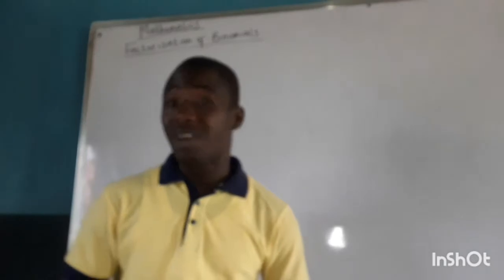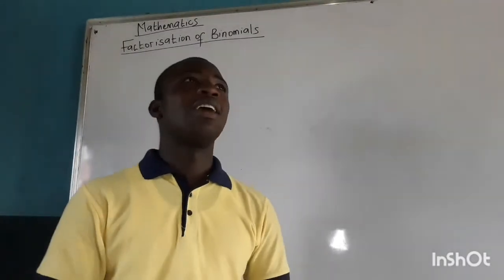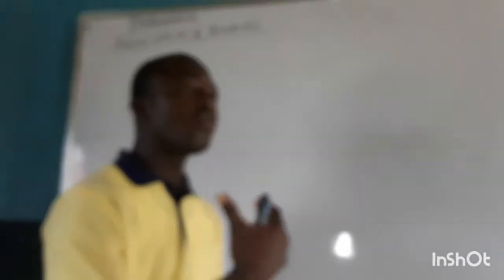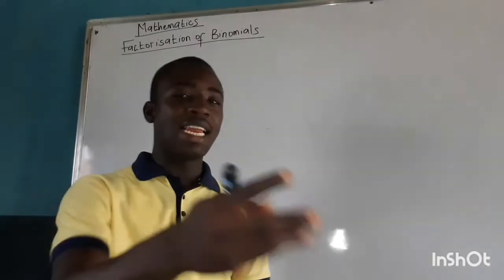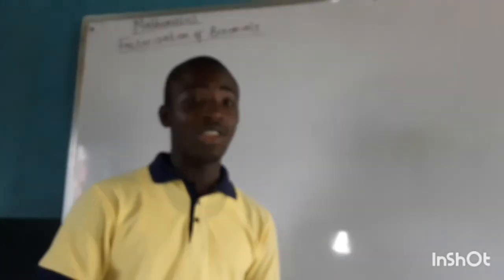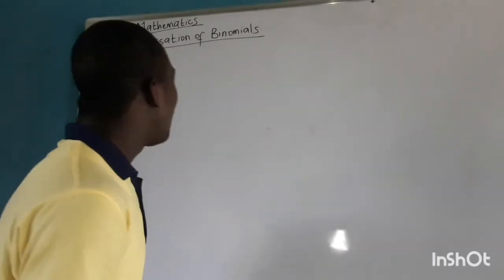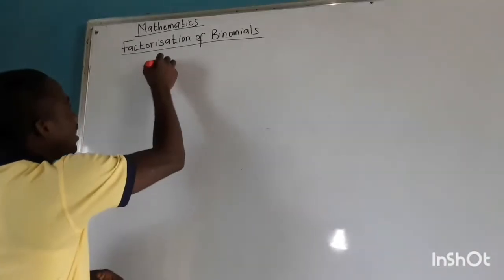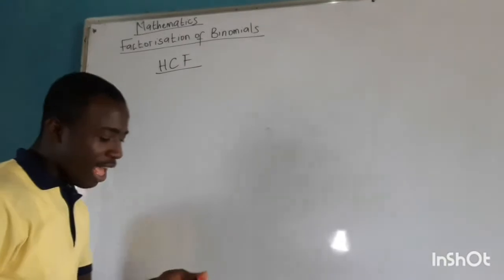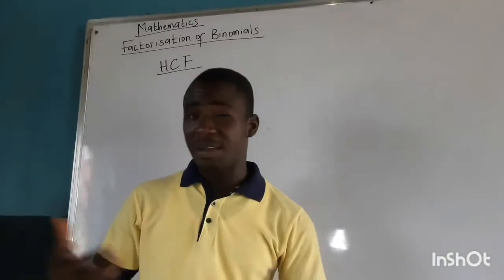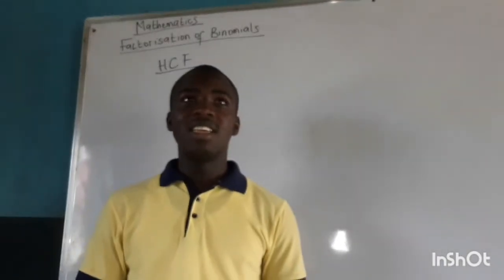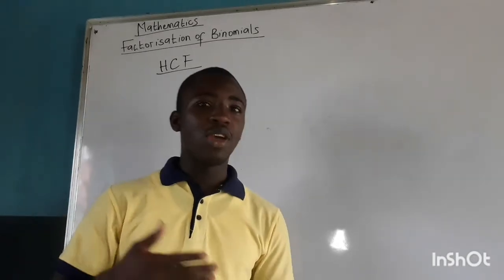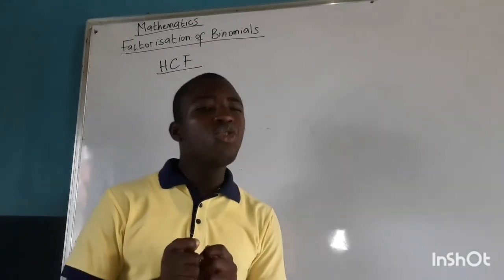Now before we go into factorization itself, we need to learn just one ladder wey go lead us to that factorization. E dey very important also, and that is HCF. I know say most of us don do HCF and e dey very easy. Now HCF, when it comes to binomial, dey a little bit different from the normal one.